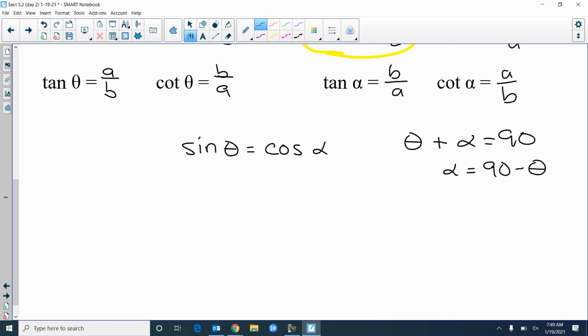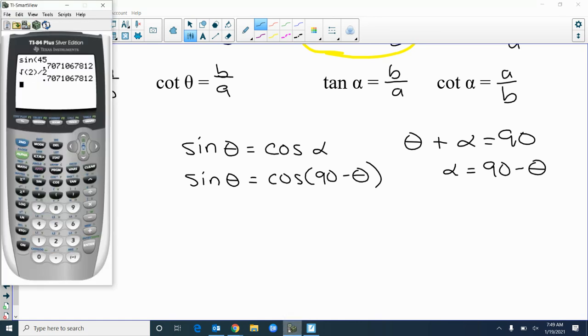So that means that the sine of theta equals the cosine of 90 minus theta. And so that's always going to be true. We just kind of proved it. Very informally, but we proved it. Because those two angles have to add up to 90.